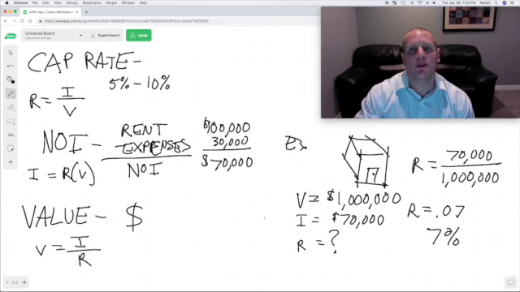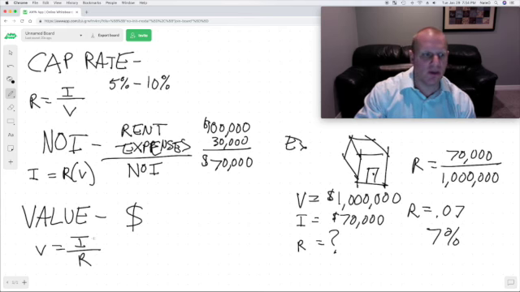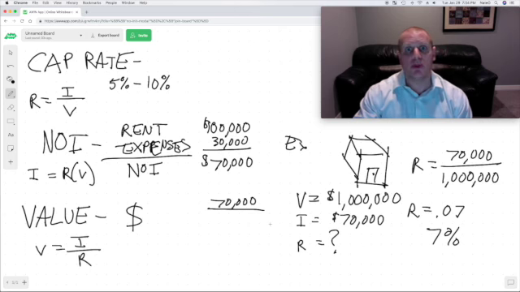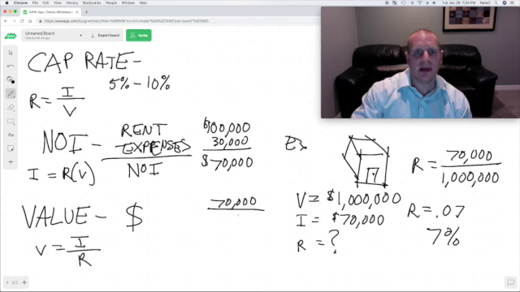Another good example we can use this formula for is, say that you have a tenant and you are getting $70,000 income each year from them. So we'll use this value formula. We'll take this 70,000, and you want to know what your building's worth. Your brokers told you that other similar buildings in similar situations have sold at a 6 cap, or a 6% capitalization rate.